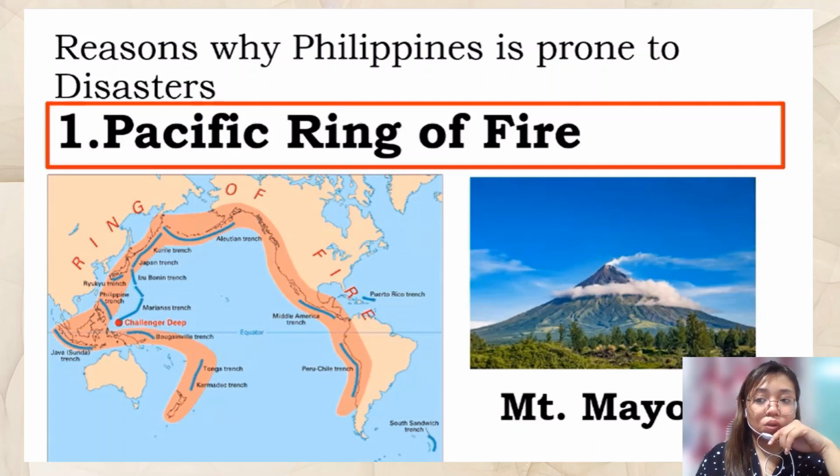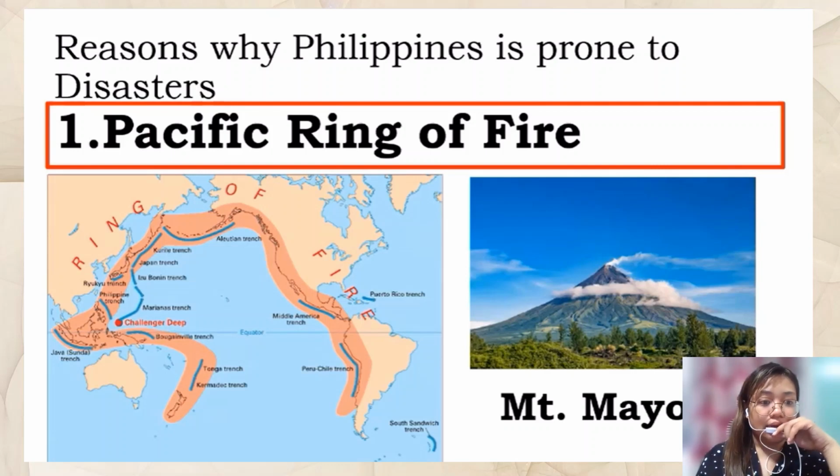Also, we have Mount Mayon, which is an active volcano. We have Mount Mayon as an active volcano, and several volcanoes, because the Philippines is located in the Pacific Ring of Fire.